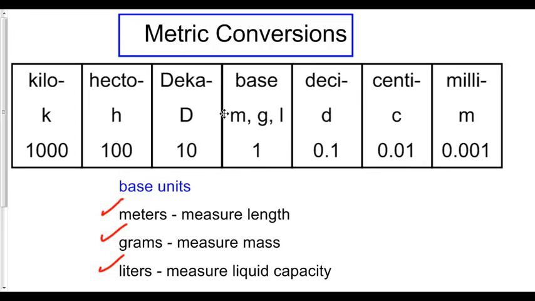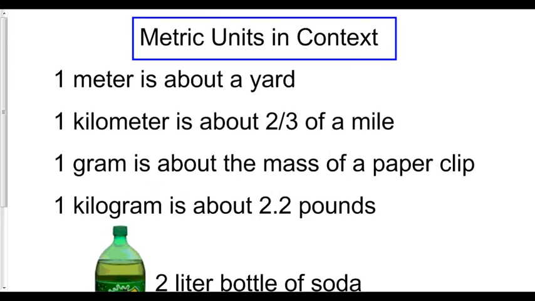And notice all of the abbreviations here. K, H, capital D for deca, that stands for meters, grams, liters. Lowercase d for deci, C, and M. So just so you have a sense of what these values are, a meter is about as much as a yard is, a little bit more.